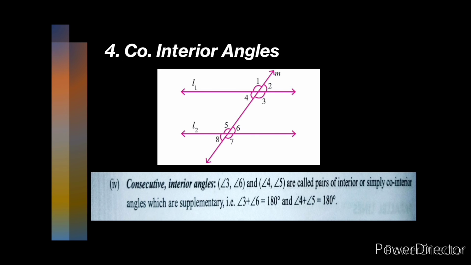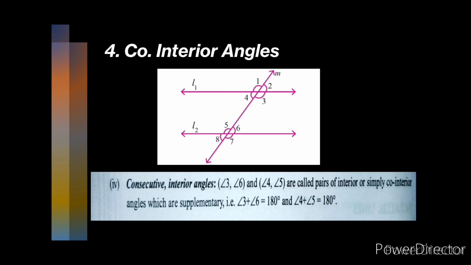So when we add up angle 3 and angle 6, it comes to 180 degrees, because a straight angle is forming here, right? And it is forming on the interior side of the parallel lines, that is why it is termed consecutive interior angles. Similarly, angle 4 plus angle 5 is equal to 180 degrees, right? So that is the property of co-interior angles.